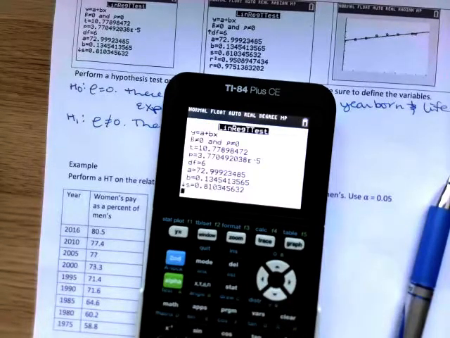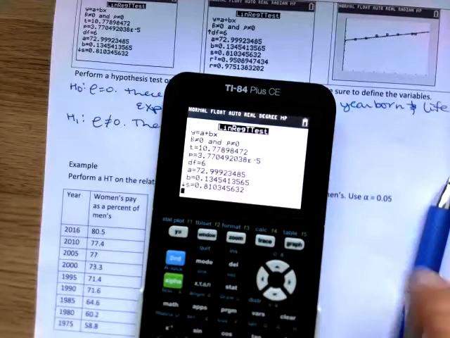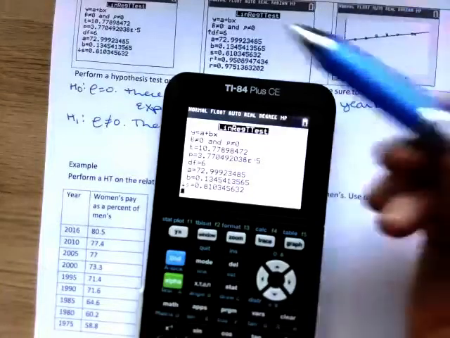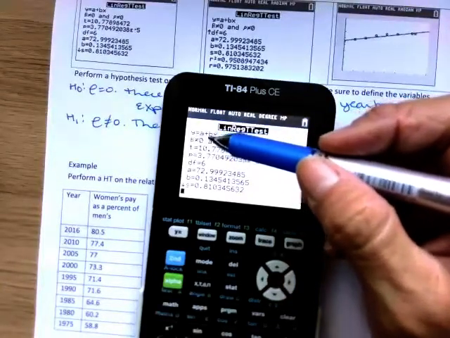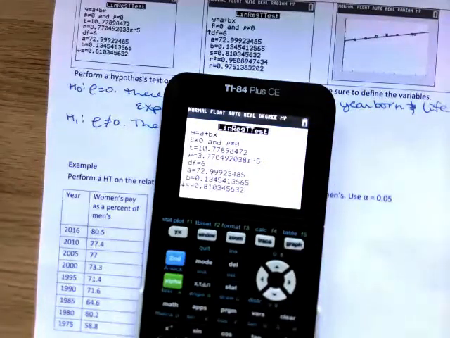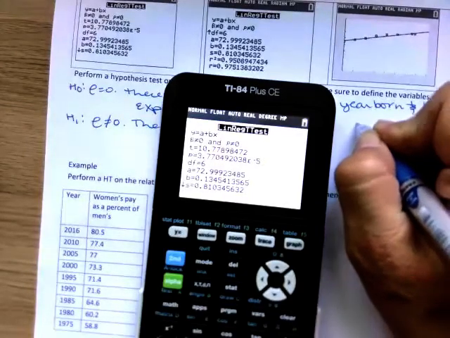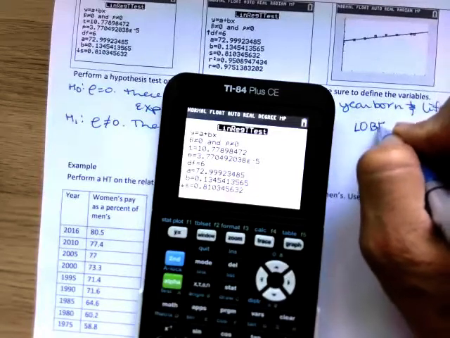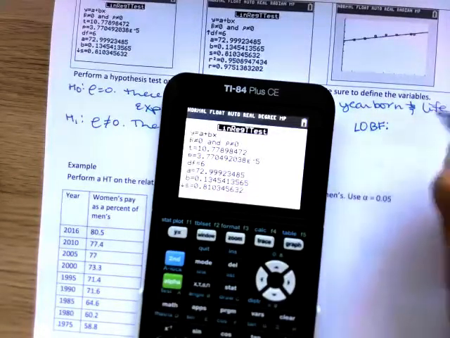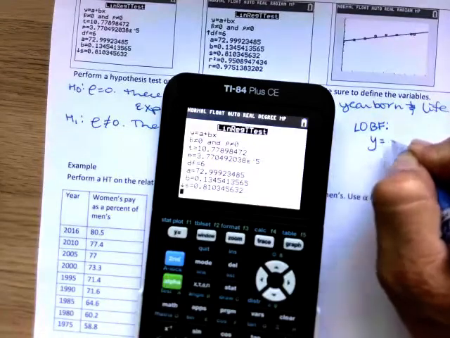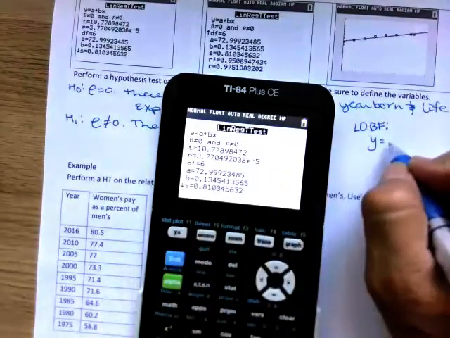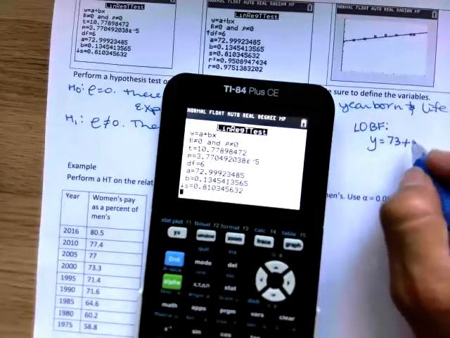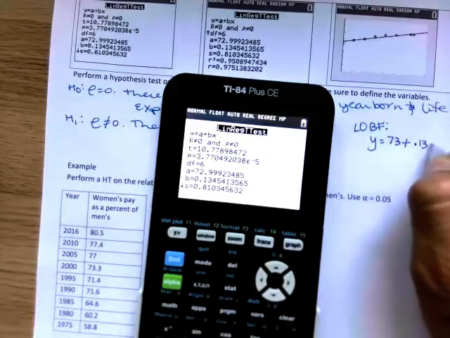Here we go. And this looks like, is it the same? It is, awesome. So at the top you see we have y equals a plus bx. That is our key. That tells us who these things are. So our line of best fit, and I do LOBF for line of best fit, is y equals a, which is 73, plus b, which is 0.13, x.